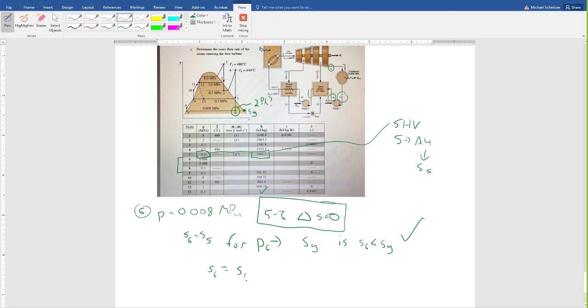But the thing that I want here is X6. So I would take this equation. It's been a little while since we've done this. This is going to be X6 is equal to (S6 minus SF) divided by (SG minus SF).